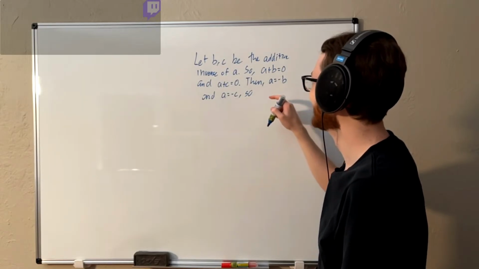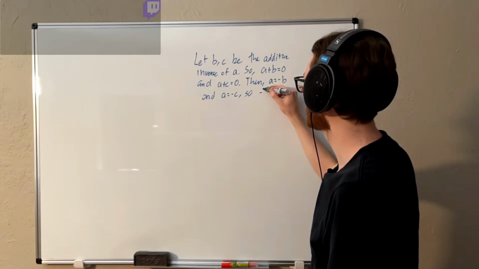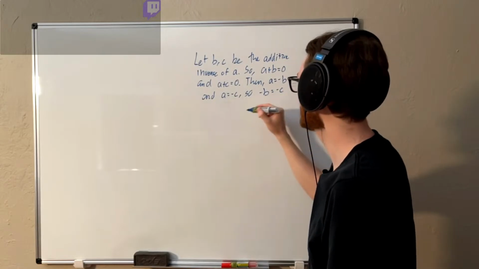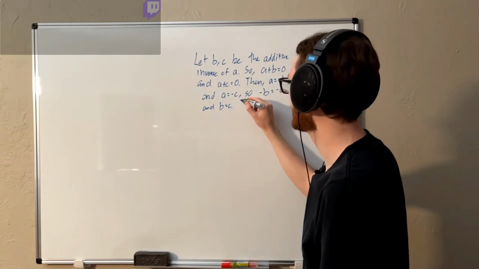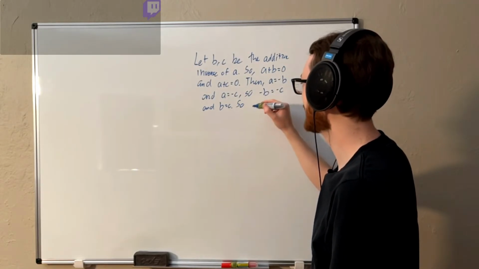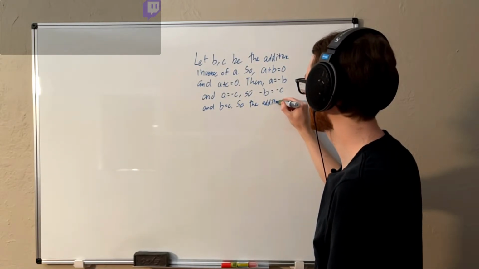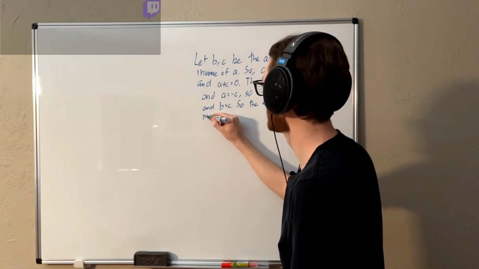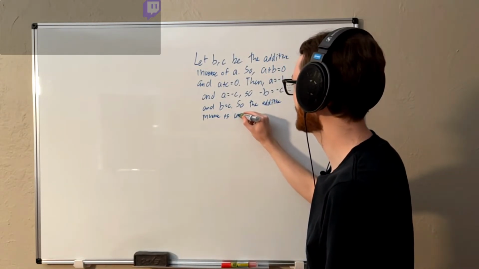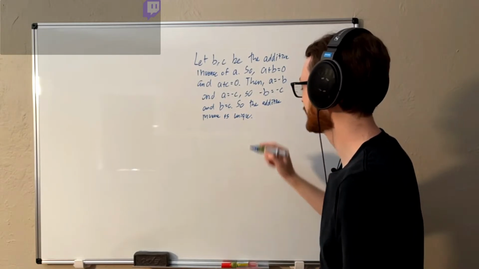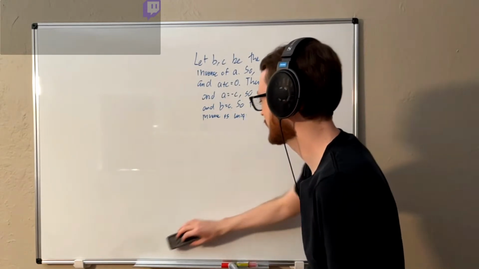But if A equals minus B and A equals minus C, then minus B equals minus C, and B equals C. So I'm using the word so way too many times, but so the additive inverse is unique. I think this is the idea of how you would prove something like that. I combine my U and my E right there because it's much more convenient than writing out 2 letters.